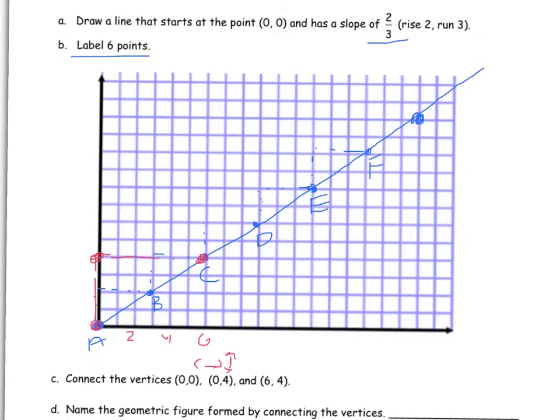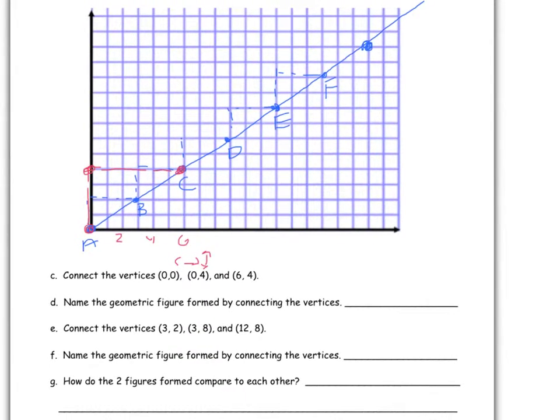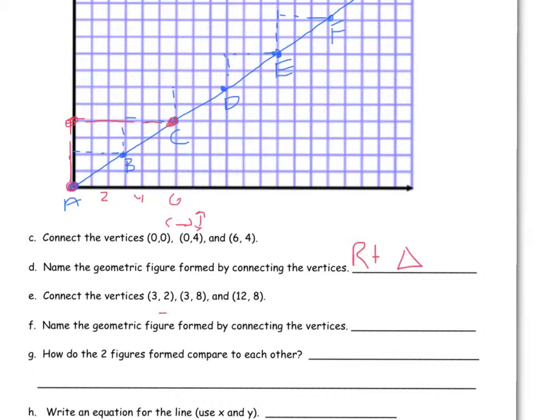So this is the triangle that we're talking about. So the geometric shape that it's talking about is a right triangle.